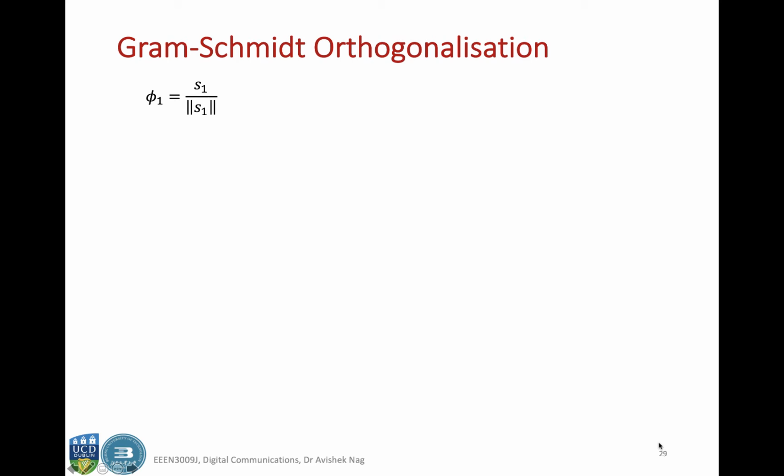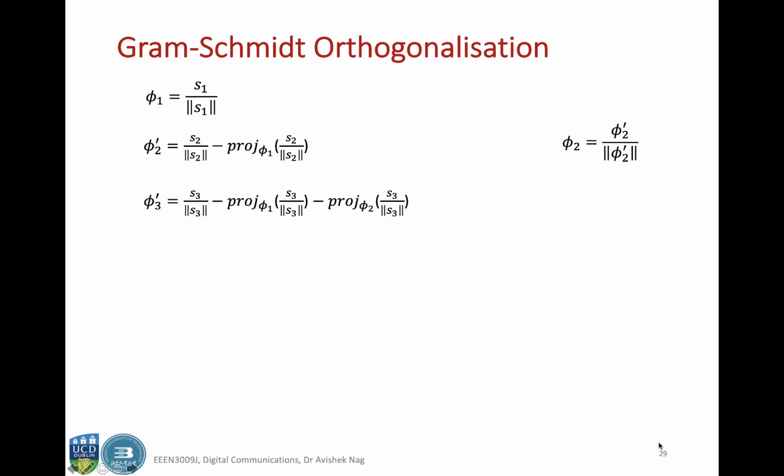You start with phi 1, which is the first signal S1 divided by its norm, and then you define phi 2 dash, which is S2 minus its projection on the phi 1 axis, and then you normalize phi 2 dash to get phi 2.